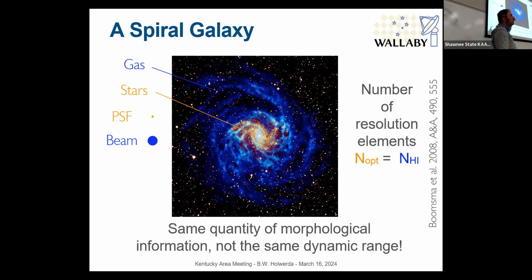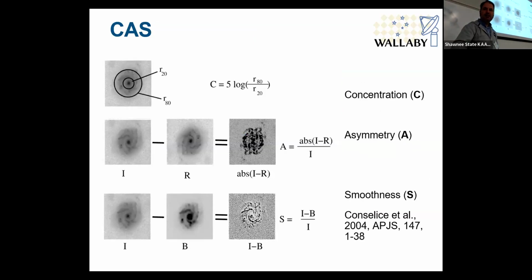The central bit is 1 million or more times brighter than the outskirts of the stellar component. But for the HI, you have maybe an order of magnitude of range, not even. They're all sort of the same brightness. So the morphometrics work differently.